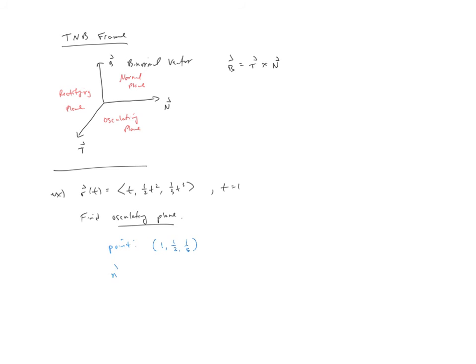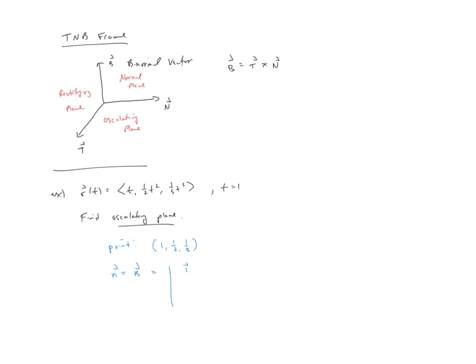Now, the normal vector that we need is actually going to be the binormal vector. If this is the osculating plane, the vector that's going to be normal to it would be this binormal vector. The binormal vector is going to be the unit tangent crossed with the unit normal. I've picked this problem because we've already got these two things. We found these in the previous problem. So let me go ahead and write that down.